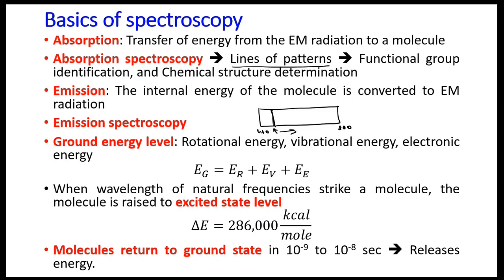Again, as you move from that wavelength, you will get a bright spot, and slowly as you move towards another wavelength, you may get another line. As you go towards 800, you may get another line and another line, and these lines, where the maximum absorption is happening, are called the lines of patterns.